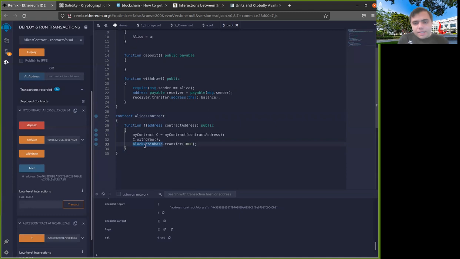Let's say that I had a case like before where either Alice or Bob could take the money out. Bob is just trying to create a transaction where he withdraws this money. And as Alice, I just create a transaction that calls this function f.